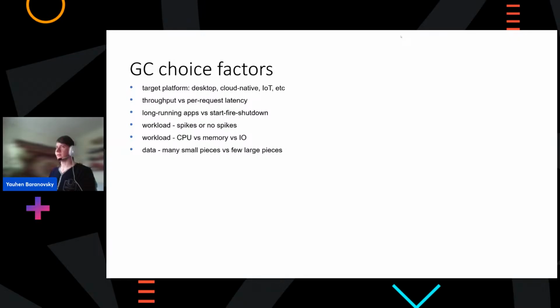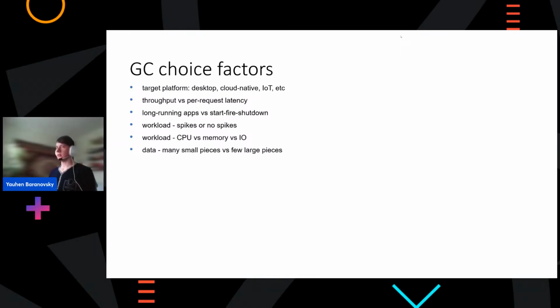So this will be a big difference, for example, between cloud native or Internet of Things, where we have a lot of small underpowered devices. Then it's important to understand whether your non-functional requirements favor throughput versus per request latency, whether this will be a long-running application, like, for example, some big ETL job, or something very short and quick, like a serverless function.